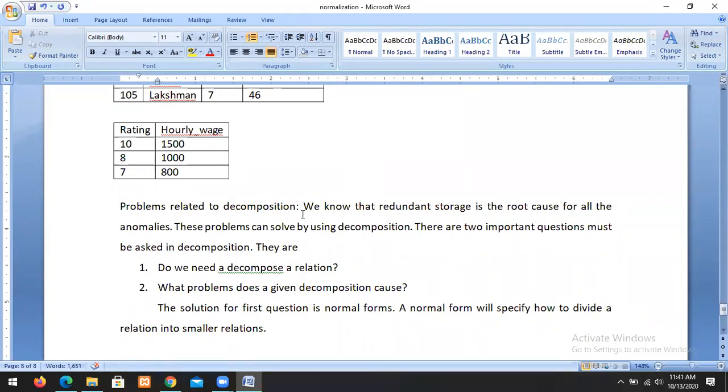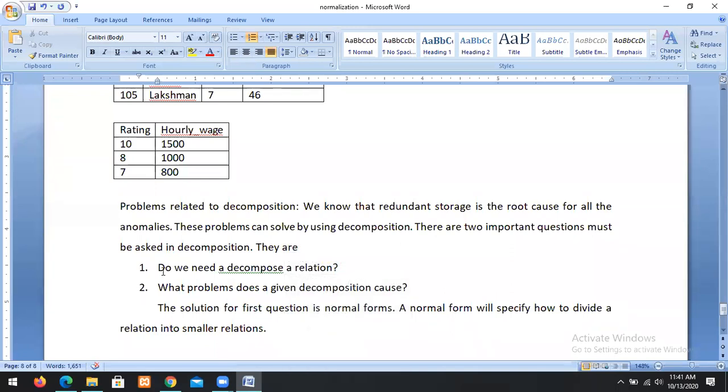When we need a decomposition: if there is a redundancy, then we can use decomposition, and different normal forms are used to decompose a relation into smaller relations.